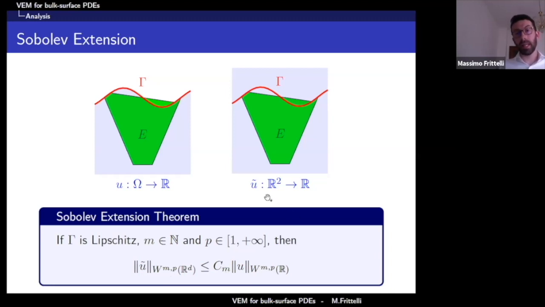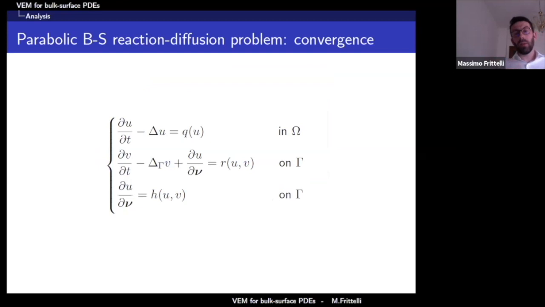So that is another kind of extension besides the lifting that we are going to use in the analysis. And yeah, we can finally state the convergence theorem for the parabolic problem, right?